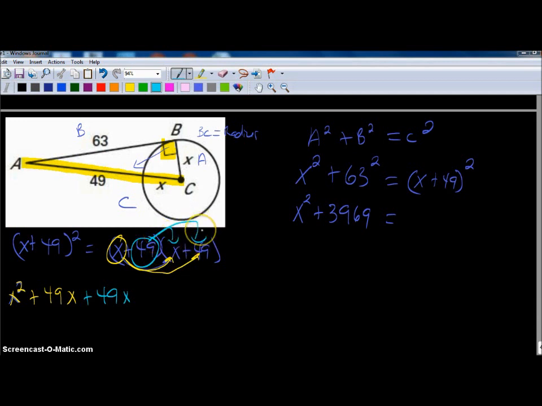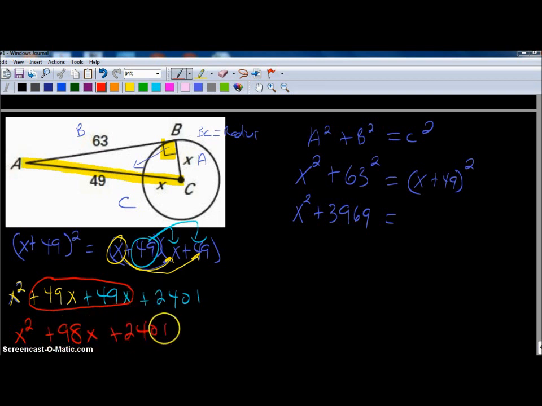And then 49 times 49, which is 2,401. We can combine these. Bring down the x squared. 49 plus 49, because they both have x's, is 98x. And then bring down the 2,401. So this equals x squared plus 98x plus 2,401.